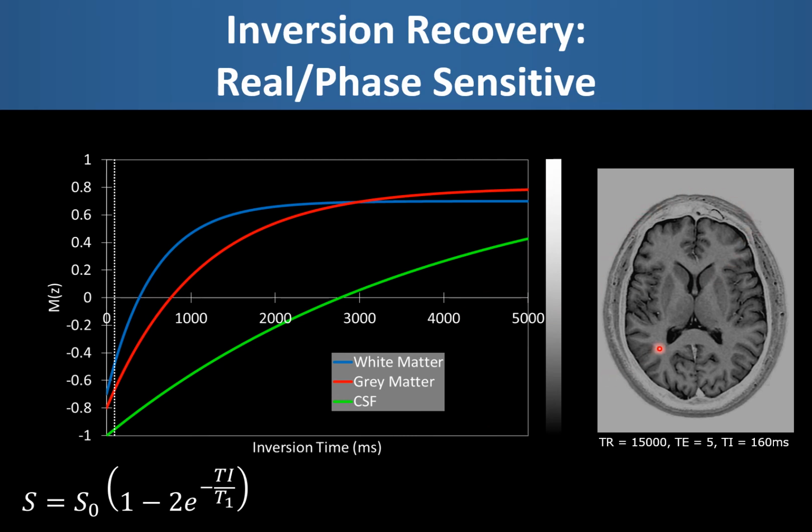Real, or sometimes called phase-sensitive inversion recovery images, are characterized by the fact that the background air with zero signal is displayed as mid-gray. This is an example that's been acquired with an inversion time of about 160 milliseconds. So even though the signal is all negative, CSF appears darkest, with the white matter appearing brighter than the grey matter, exactly as would be expected from their relative T1 relaxation times.